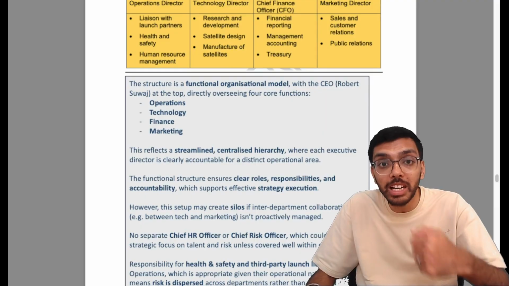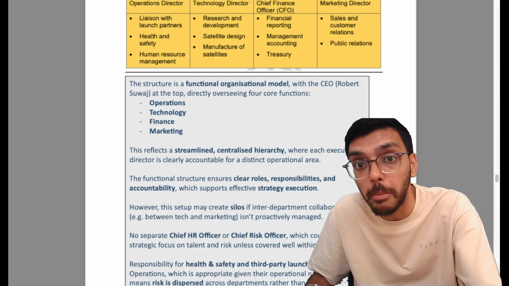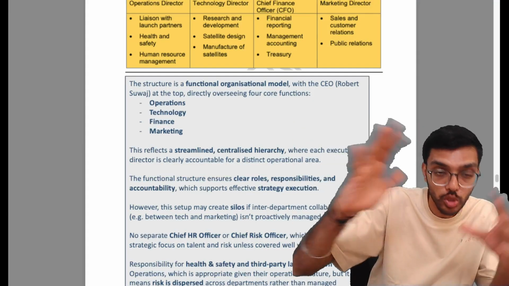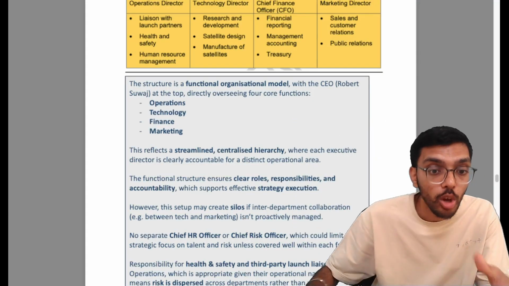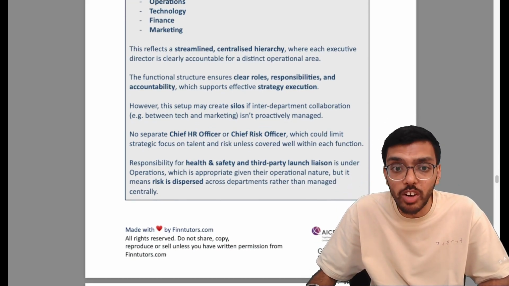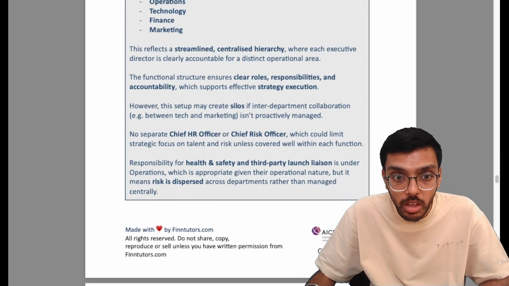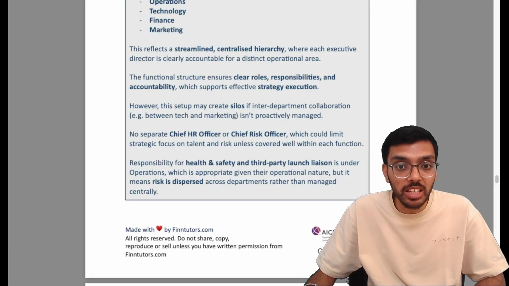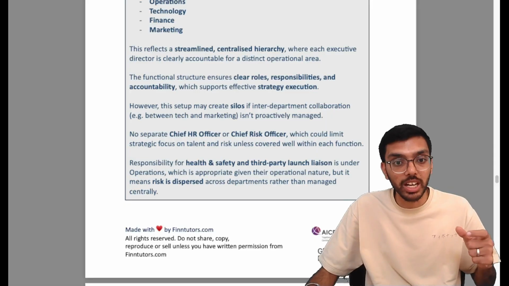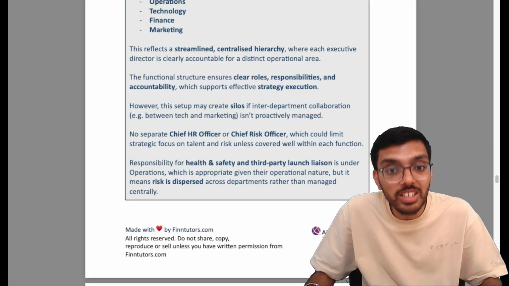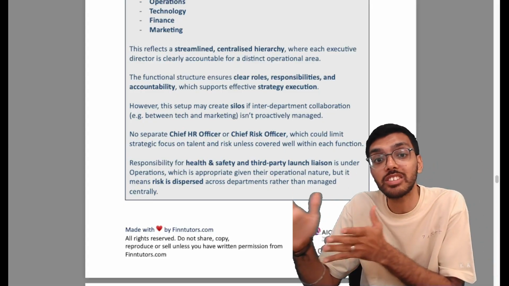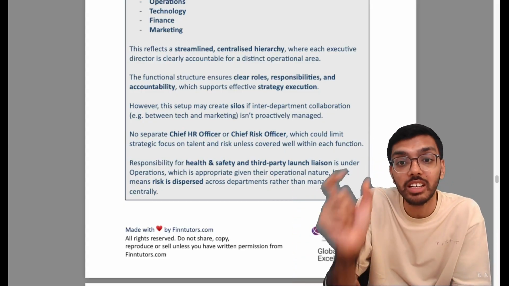So the appointment of a risk department and a risk manager, reporting to the board rather, so that there is direct board oversight, could be the next step, and could be a situation which is very extensively covered in P3. So responsibility for health and safety and third party liaison is under operations, which is appropriate, but it means risk is dispersed across departments rather than managed separately, because there is no risk department.